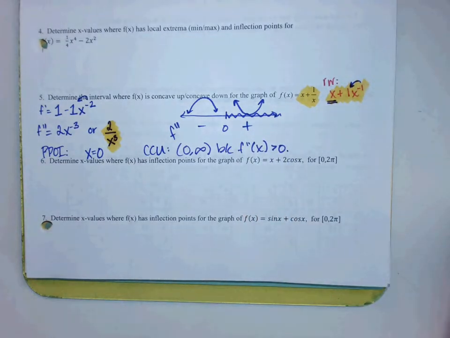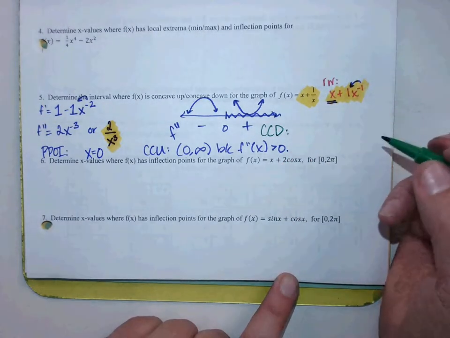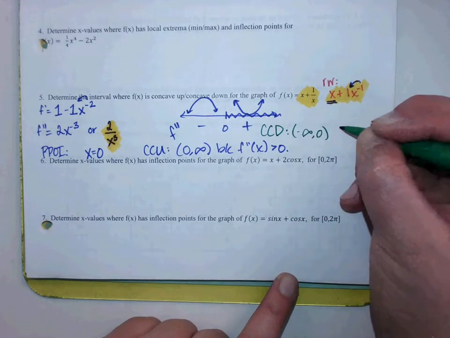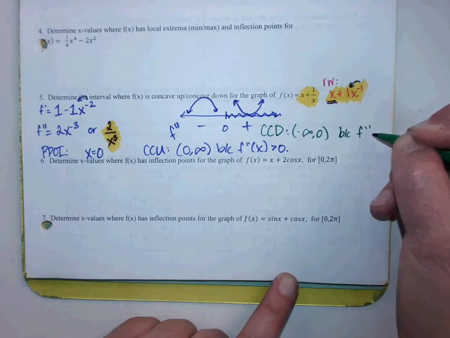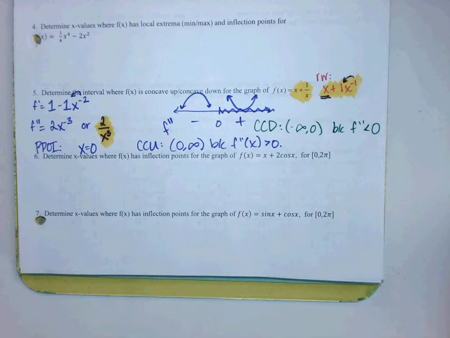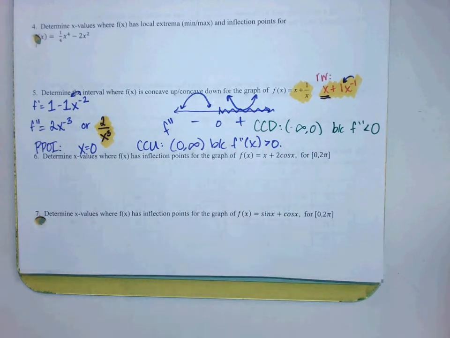Okay, and then what would I say for concave down? Negative infinity to 0, because f double prime is less than 0. Now, what she said, if you like, that's called inequality form, x less than 0, x greater than 0. Totally fine. AP test will use both.